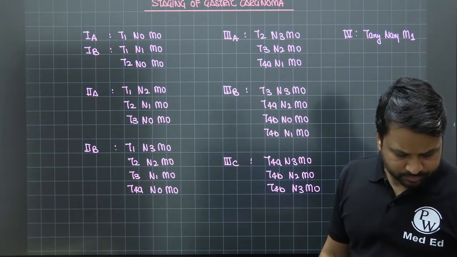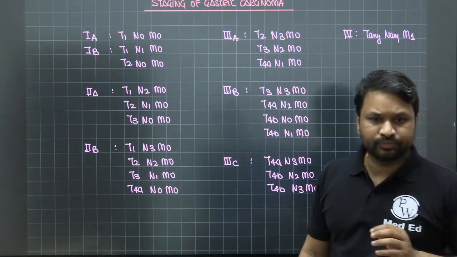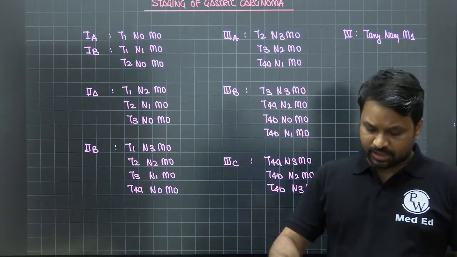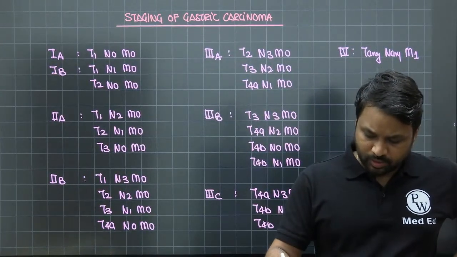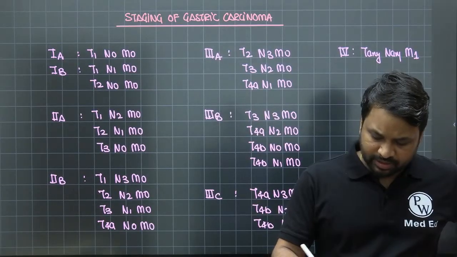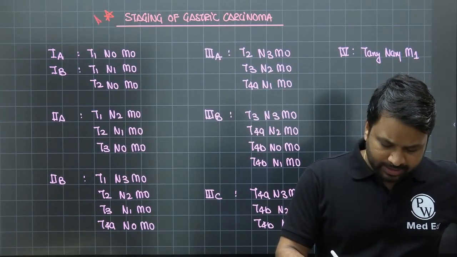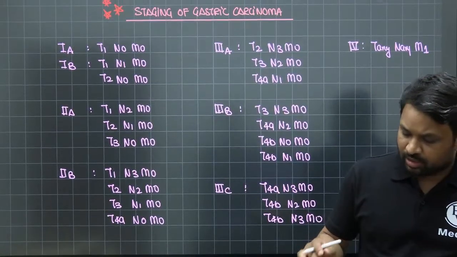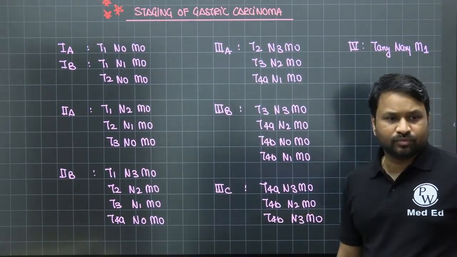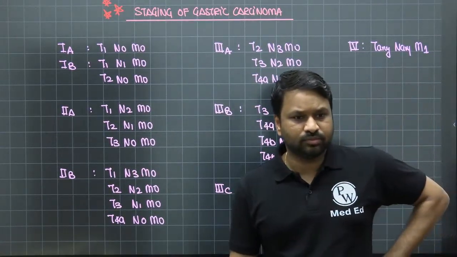Okay? So this is again very important for you to remember. I know it looks a little bit overwhelming in the initial part, but as you practice once, you will be able to get a grip of it. Clear?